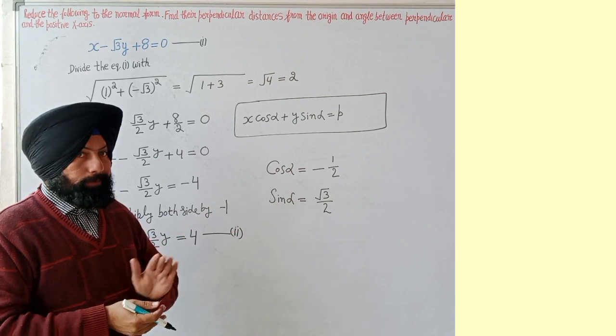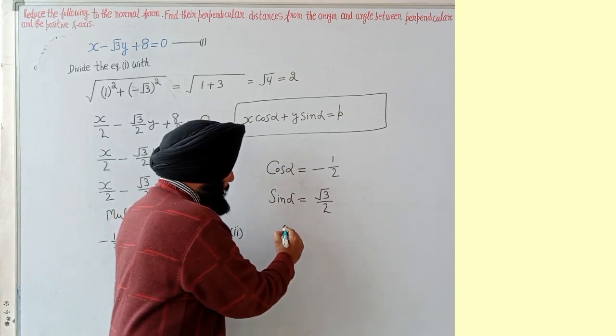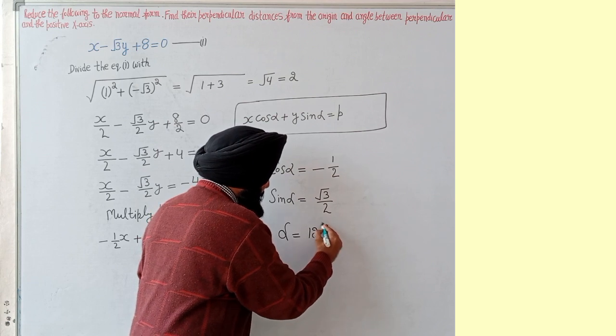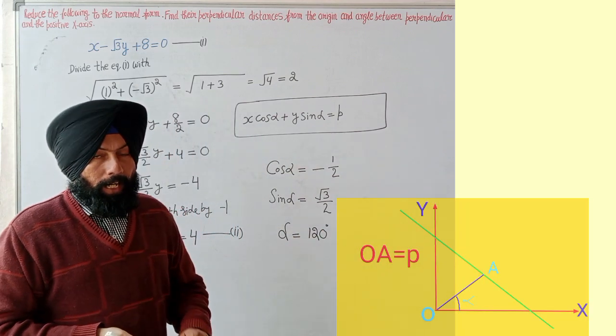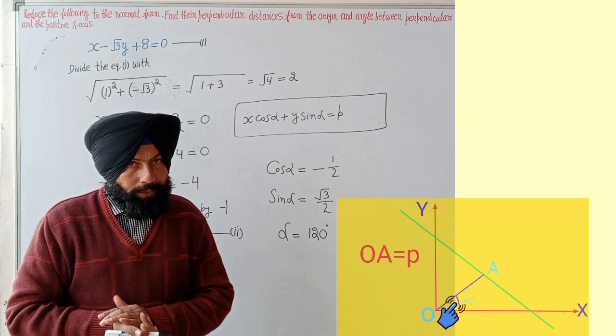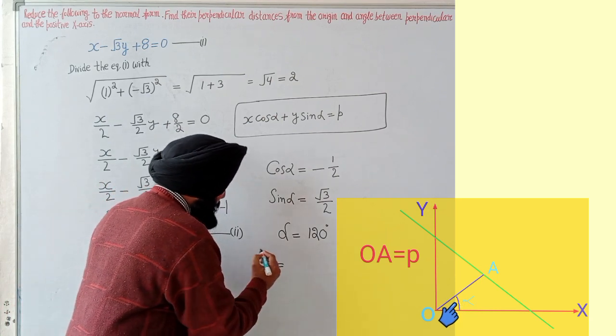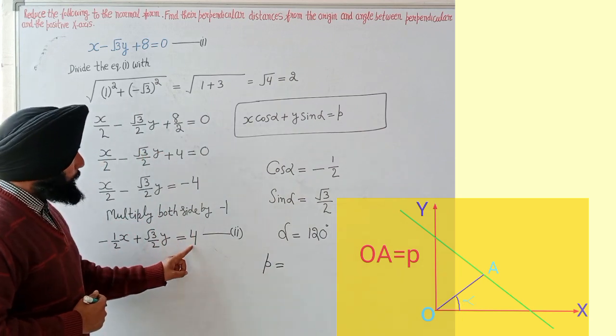When this happens, alpha equal to 120 degree and the distance of perpendicular, means P, equal to 4.